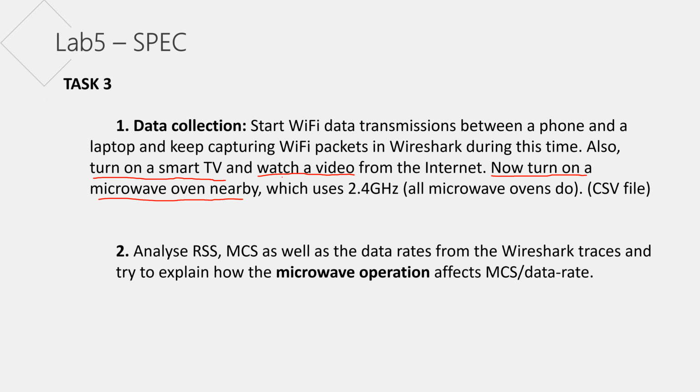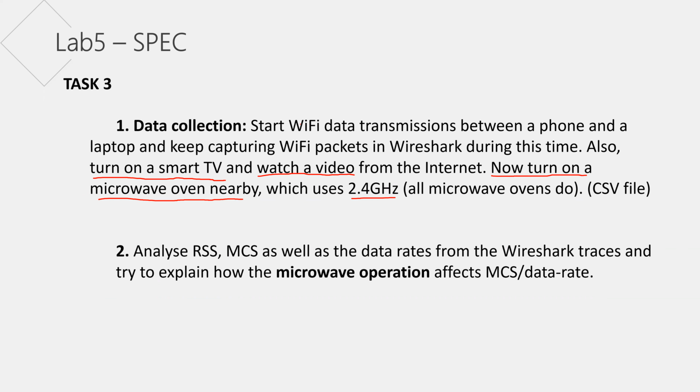Anyway, let us know if you are not able to do this task. So why should we use a microwave oven in this task? Because the microwave oven also uses 2.4 gigahertz, which will interfere with the signal transmission. So we want to observe this interference in this task.